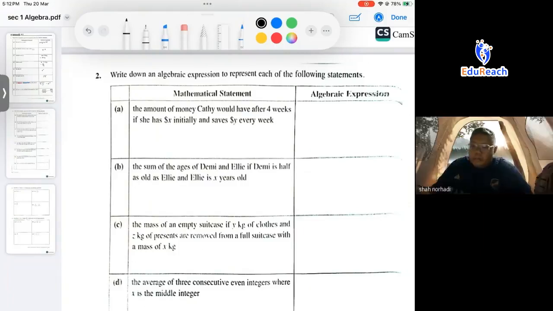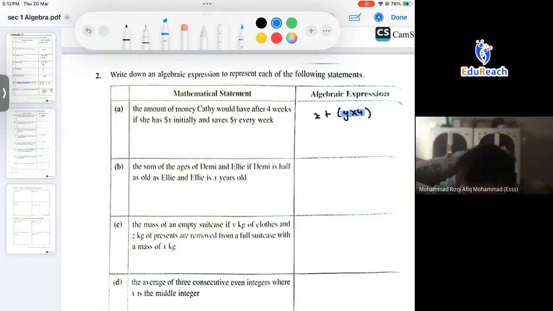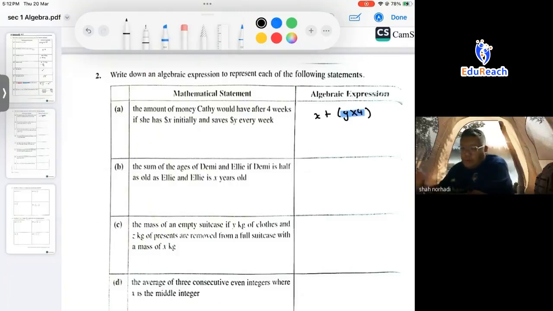All right, so what you wrote was x plus bracket y times 4. But you can further simplify this because in algebra, you can write y times 4 as 4y. So you can have x plus 4y. That will be your final one. Okay? All right, do question B.